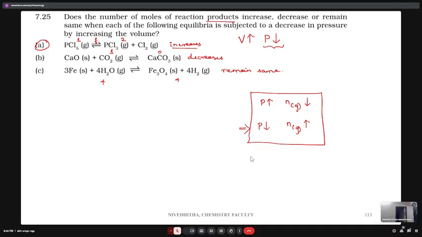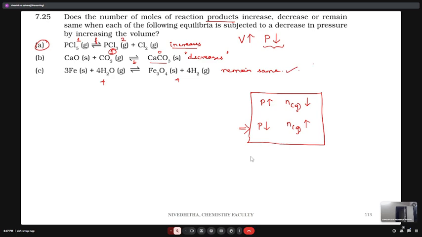And in the second reaction, the number of moles of gaseous species is greater at the reactant end. So the reaction will move in a backward direction, because of which the concentration of product will decrease. And here there is no difference in the number of moles of reactant and product. So even if you change the pressure, there will not be any effect on the concentrations of reactant and product. So here the concentration of product remains the same.